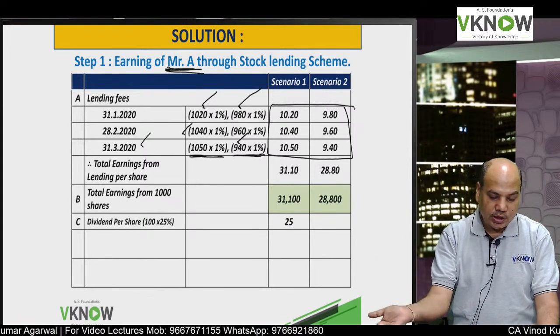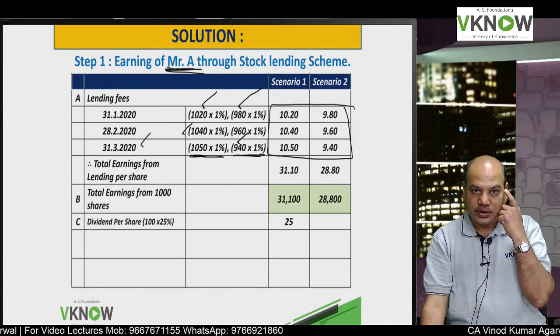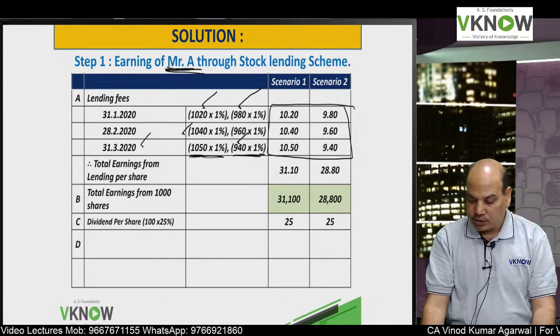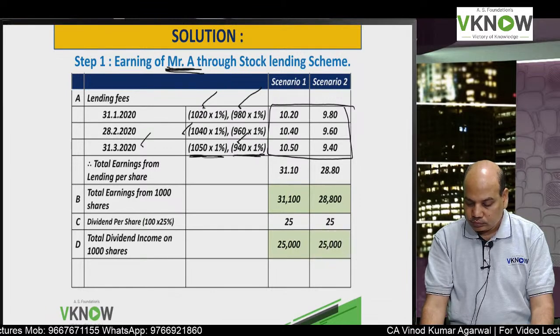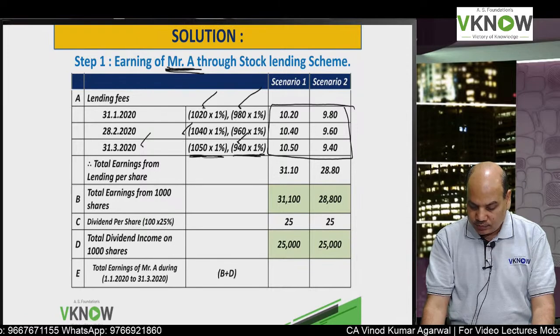The short seller will compensate the lender for any dividend paid during these 3 months. So dividend per share is 100 into 25%. Total dividend on 1000 shares: 25,000.